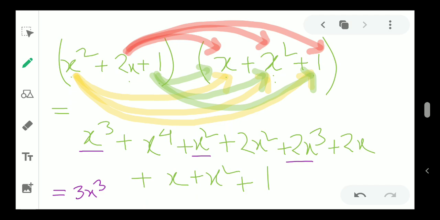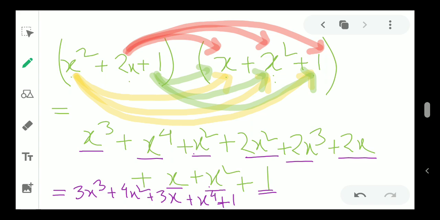Here 1x square is there, here 1x square, here 1x square, so 1, 2, 3, 4. Ultimately 4x square are there. Now 1x is there, another x is there, so 2x plus x will be 3x. And ultimately alone is your x to the 4 and my little 1. So the simplification will be like this.